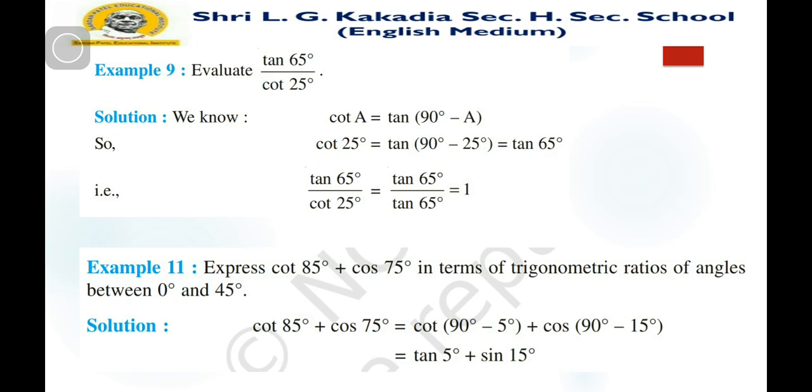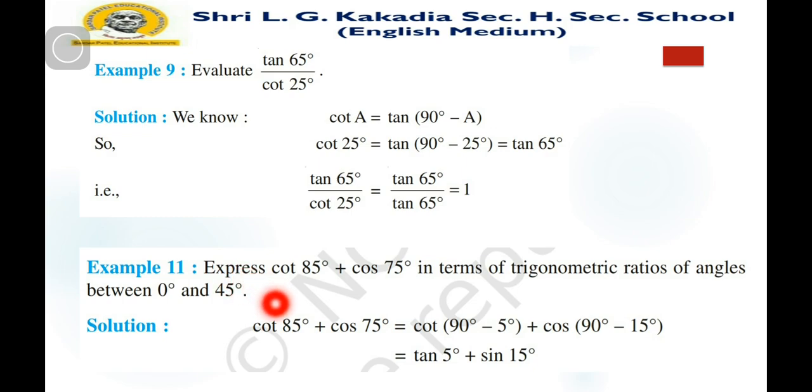Example number 11, express cot 85 plus cos 75 in terms of trigonometric ratios of angles between 0 to 45. Means we are going to take the complementary of cot and the complementary of cos, then we can write it between 0 to 45.